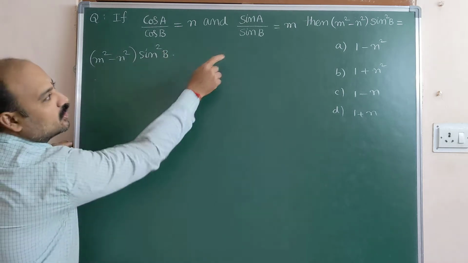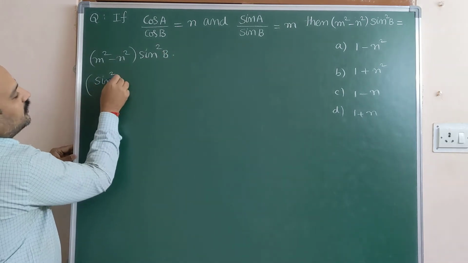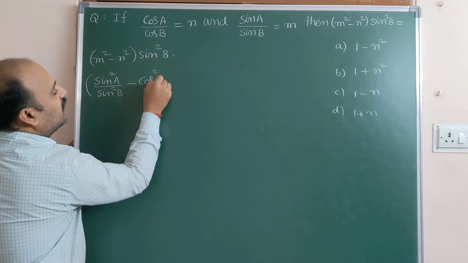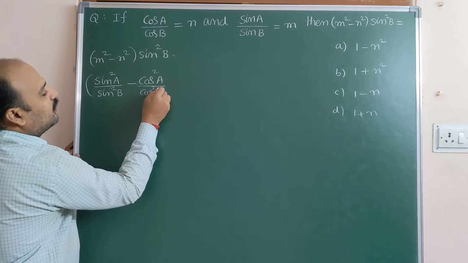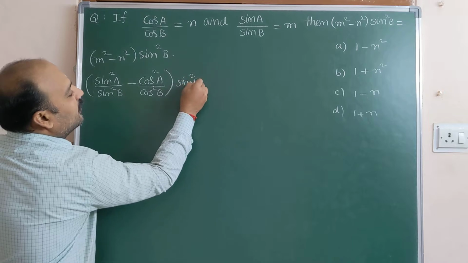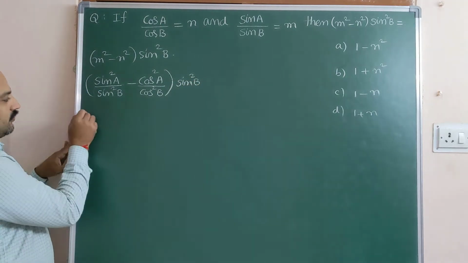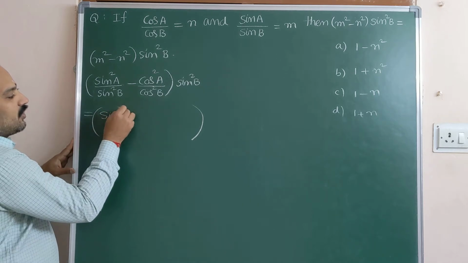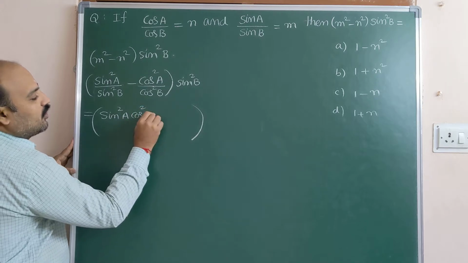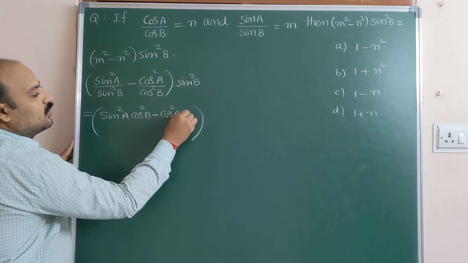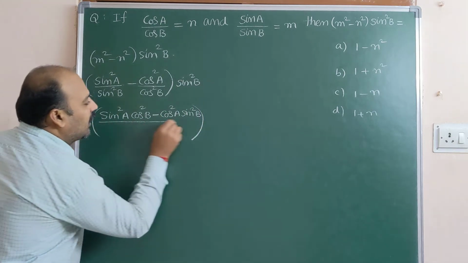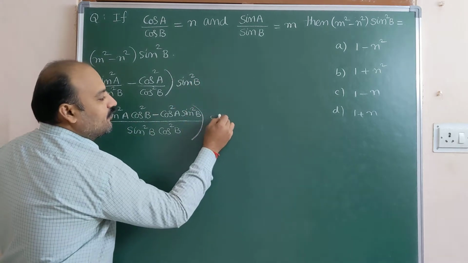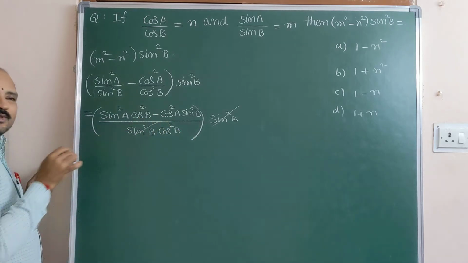m square, this value whole square, so sin square A divided by sin square B, minus n square, cos square A by cos square B, into sin square B, which is equal to, keep bracket, sin square A into cos square B minus cos square A into sin square B, divided by sin square B into cos square B into sin square B. So sin square B gets cancelled.